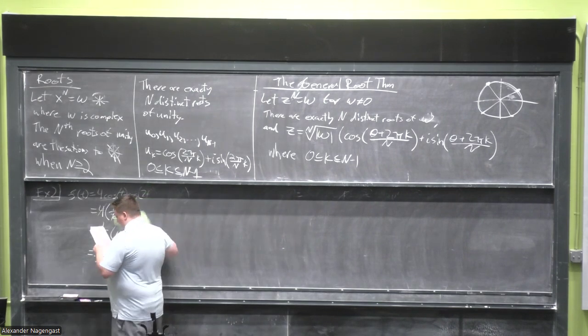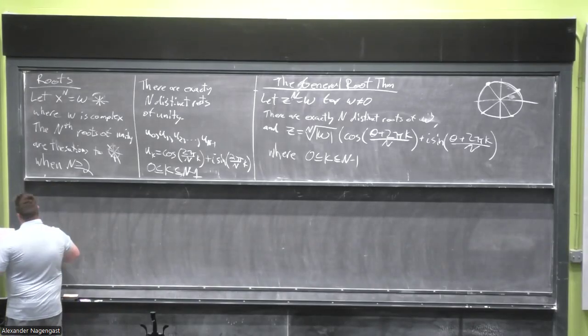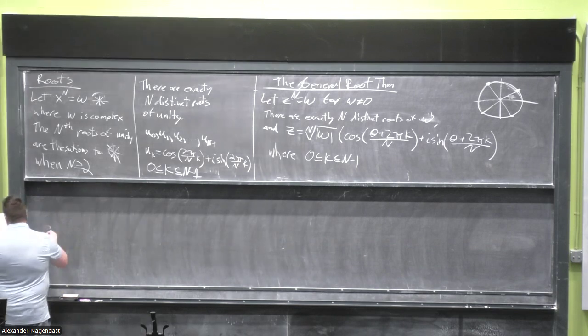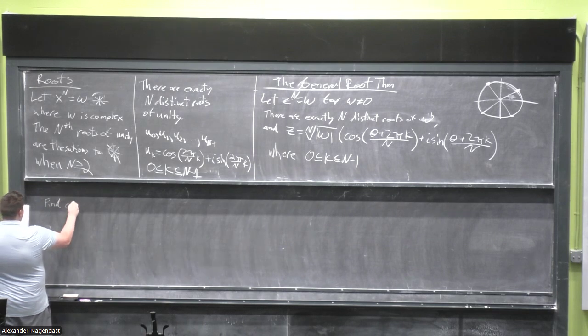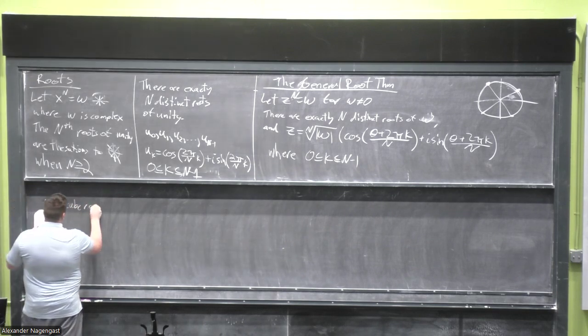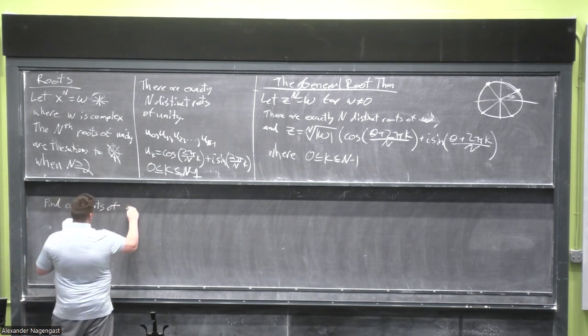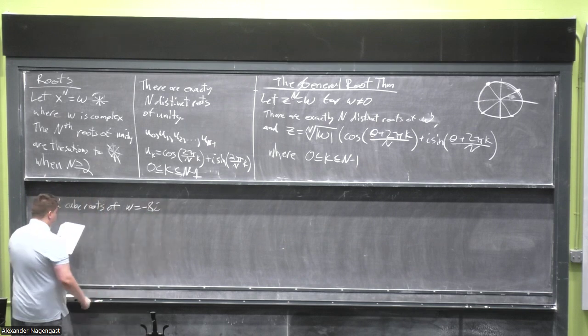So we want to again find the cube roots, this time of omega and not of unity. So we want to find cube roots of omega equals negative 8i.